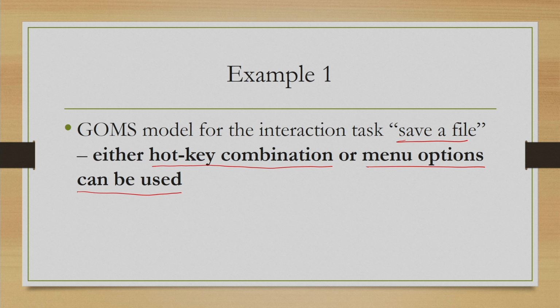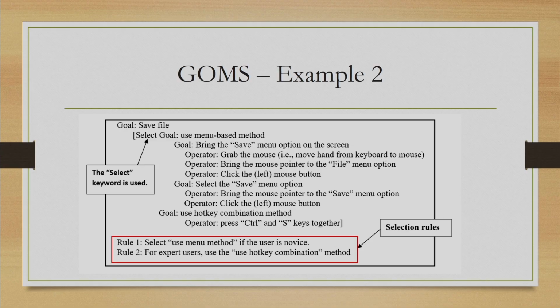If there are such situations where the same task can be carried out with the help of multiple methods, then let us see how the GOMS model looks. As you can see here, it looks slightly more complicated as compared to the previous model.